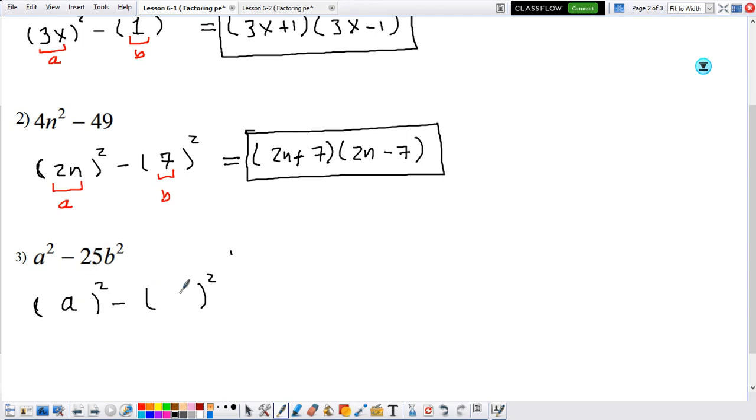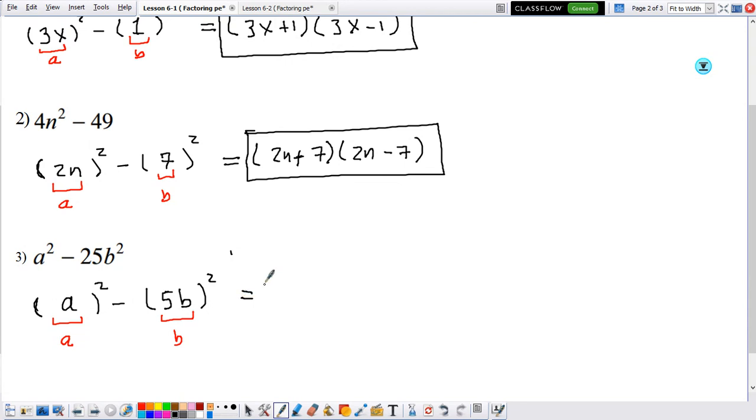And 25b squared, we can rewrite that as 5b to the second. Let's double check: 5 to the second is 25, and b to the second is b squared. Now that we have it in this form, identify what your a is. In this case, your a is a, and your b is 5b.